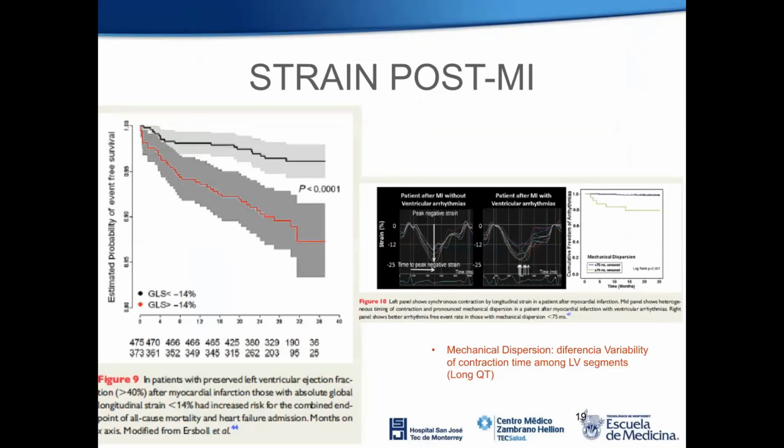So we know that even with preserved LV function, when you have abnormal myocardial strain, there is an increased risk of combined all-cause mortality and heart failure admission over time.